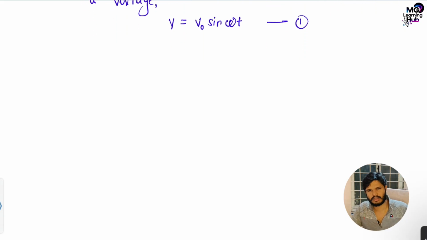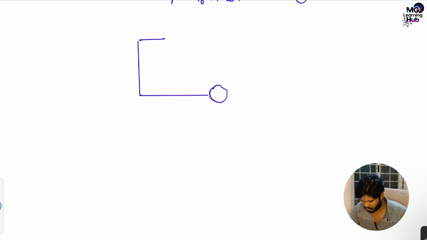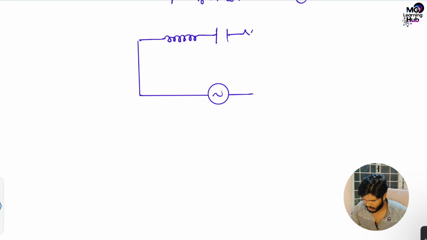Now we will write the diagram. So diagram ಬರ್ಕೋಣ. ಫಸ್ಟ್ AC source ನ ತಗೋತೀನಿ. And this is connected to a inductor and a capacitor and a resistor.